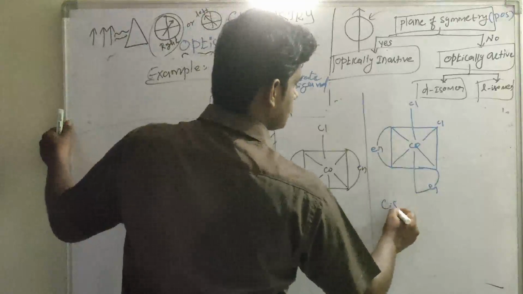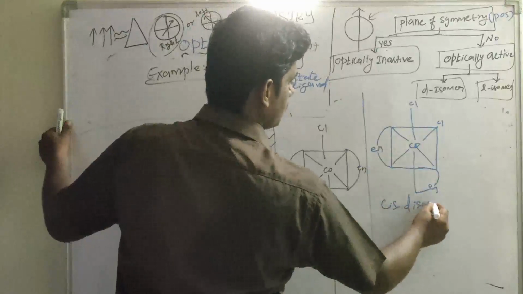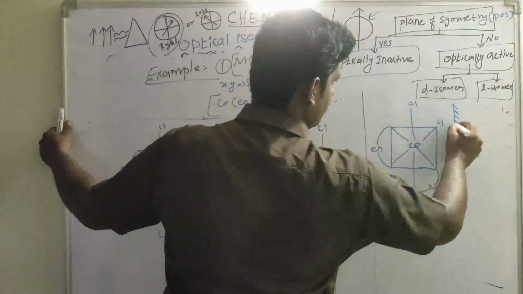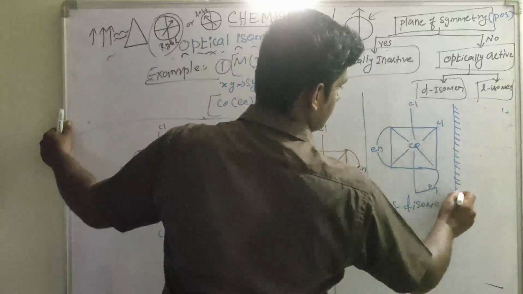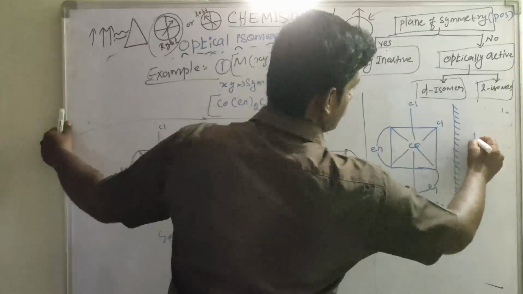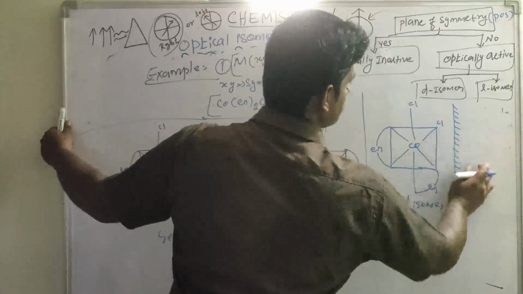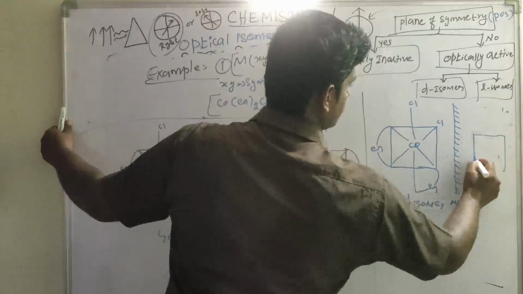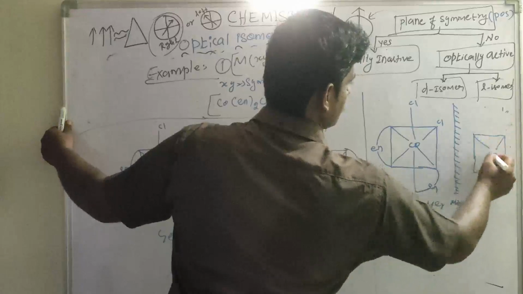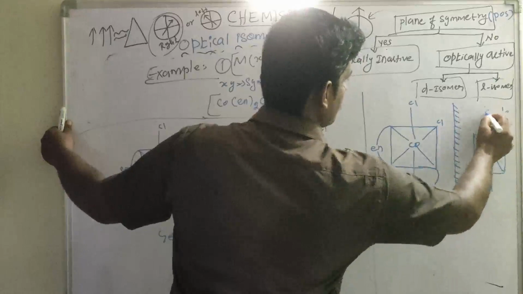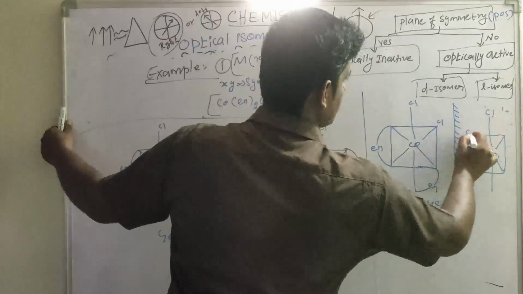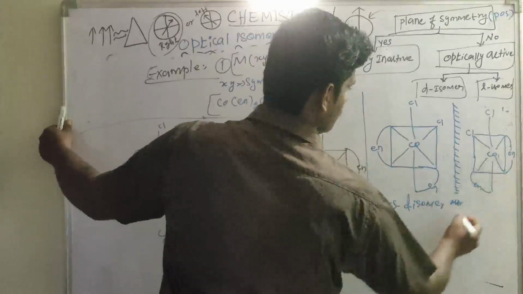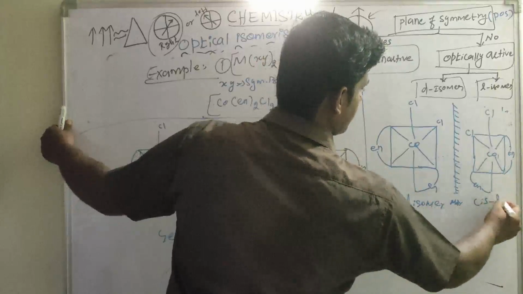This cis D isomer has Cl in the 1 and 2 cis positions. I put the mirror, and we get the cis L isomer.